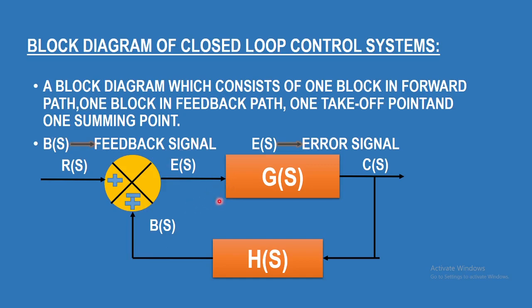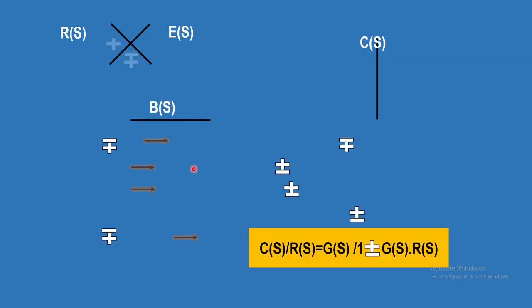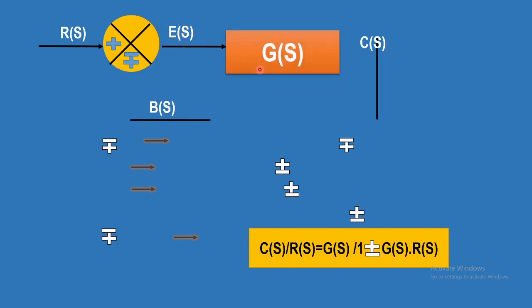For this closed loop control system, we are going to derive the transfer function of the system. If you observe here, the input will be R of S, and you will have one summing point here. For that you get the E of S. That E of S will be given to the block here.